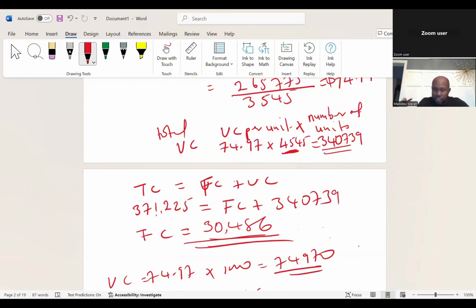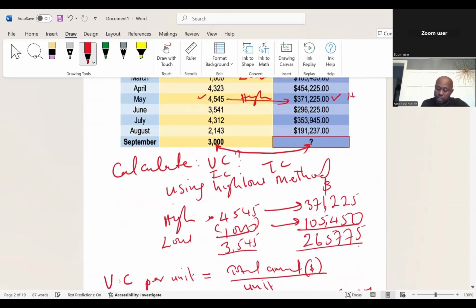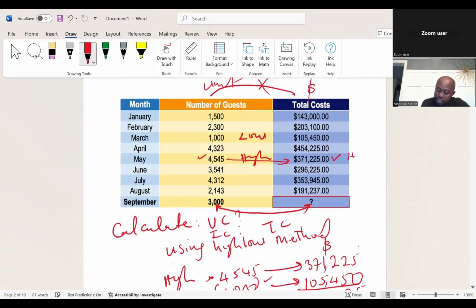Okay. Now let's use the alternative. Assume I use the low activity. This ends the question so far. But if I choose now not to use the high activity, let me use the low activity alternative. I'm supposed to have the same answer. So my variable cost unit is this, multiplied by 1,000. My low activity is 1,000 from the question itself.